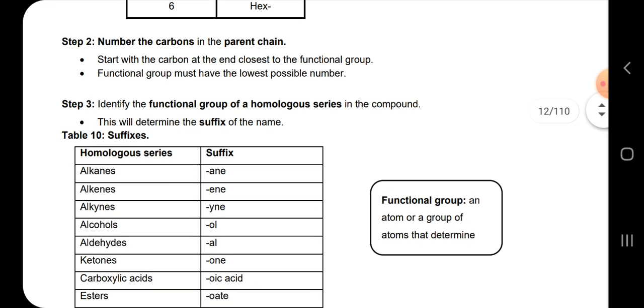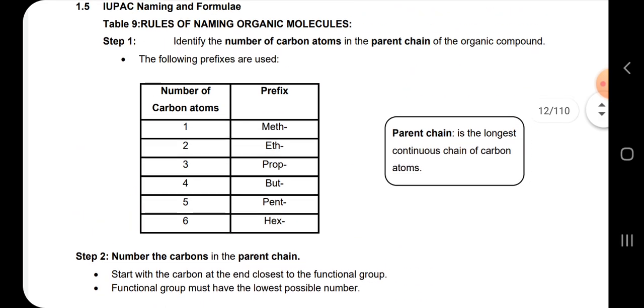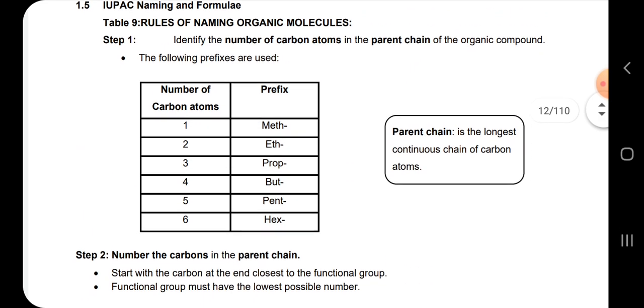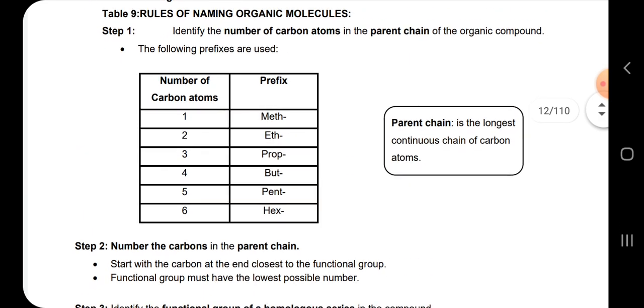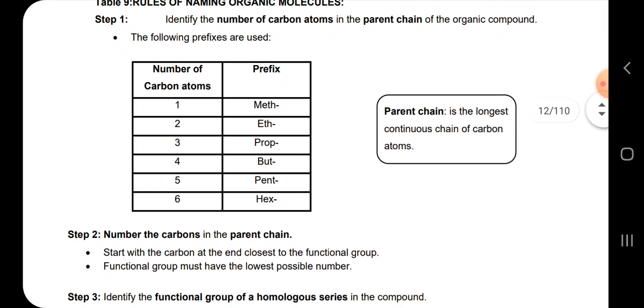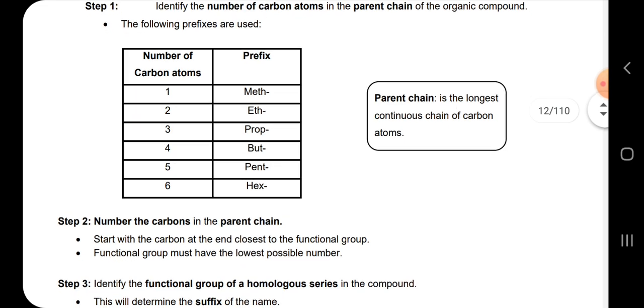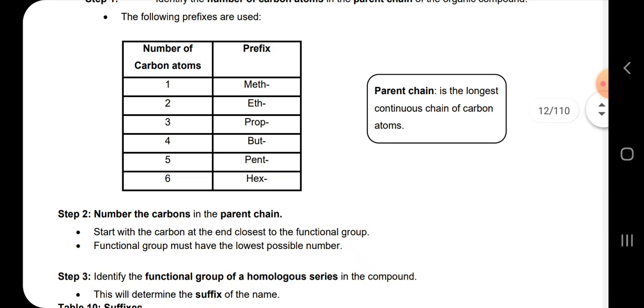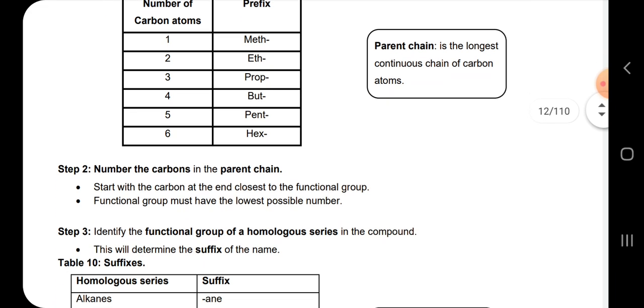Step 2 is to number the carbons in the parent chain. By knowing the number of carbons in the parent chain, you will be able to know the prefix of that structure.